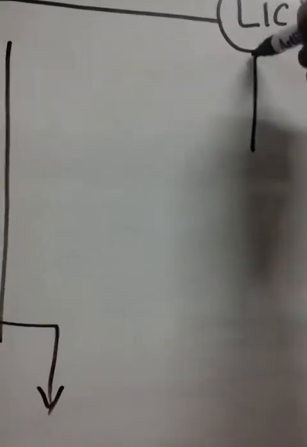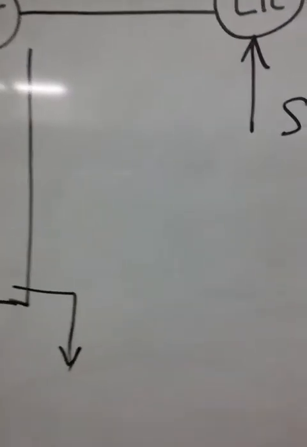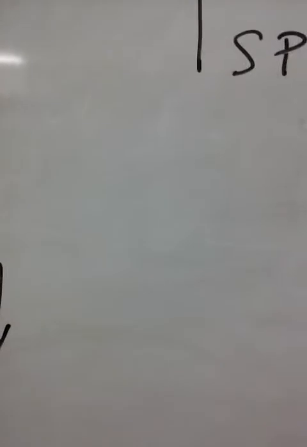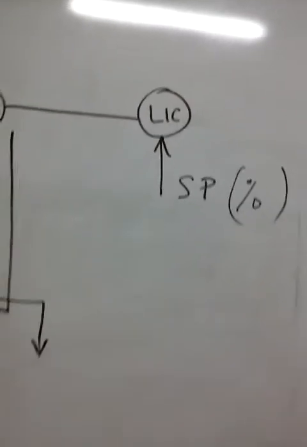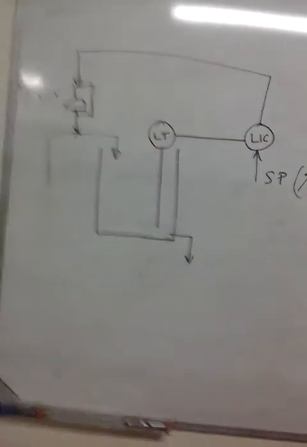And from there, we have a set point, which will be the percentage or level in this case. Then the output from the controller is sent to your control valve. That is your closed loop.